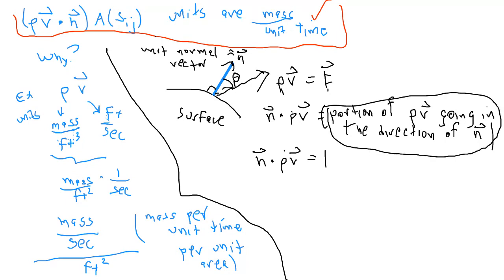Because remember how the dot product is defined. It is equal to the product of the lengths of the two vectors times the cosine of the angle between them. But the normal vector's length equals 1. So that's going to give you the length of that force field vector at your point x, y, z on the surface times the cosine of theta.